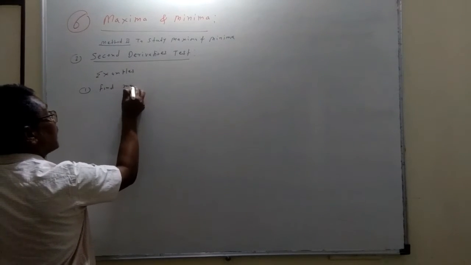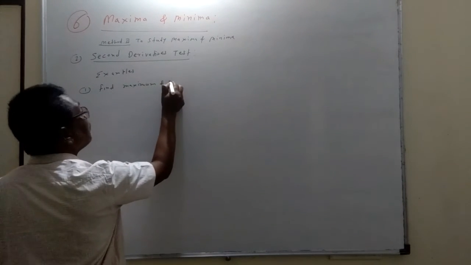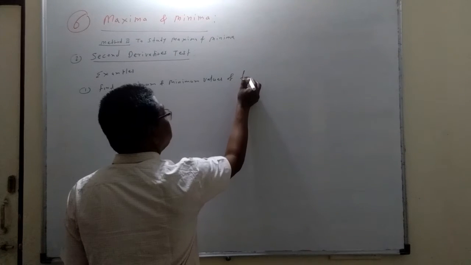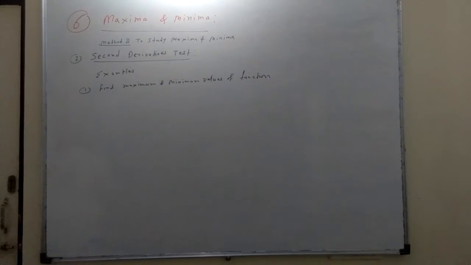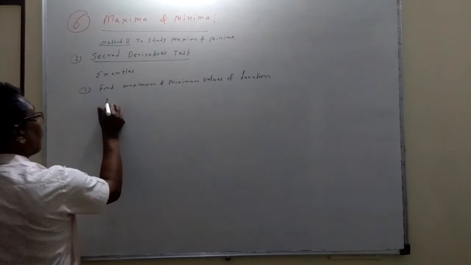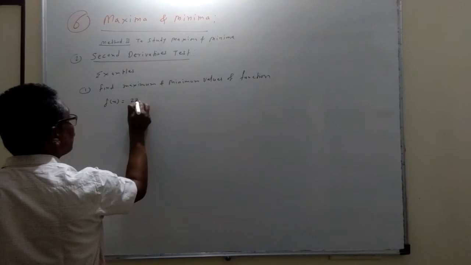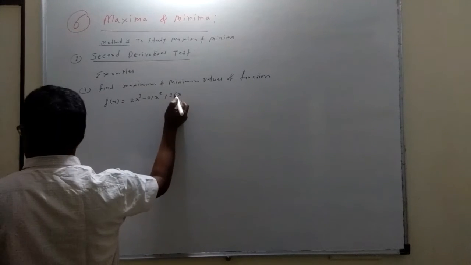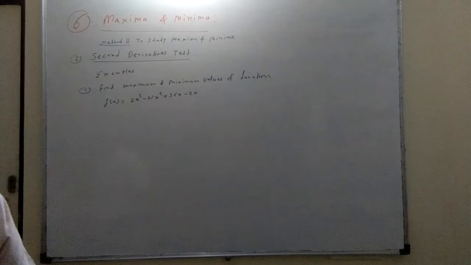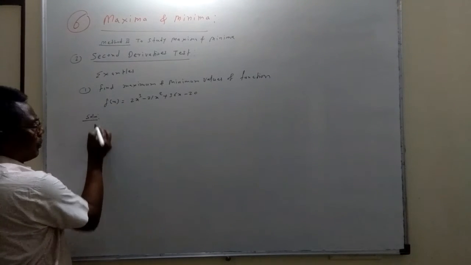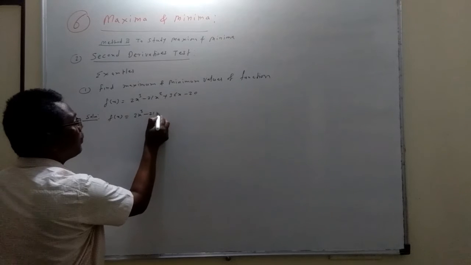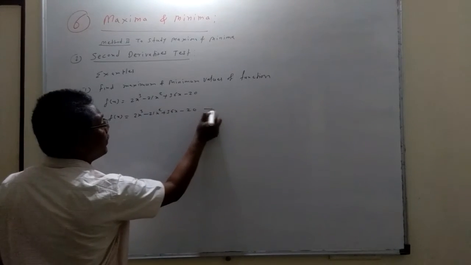Find the maximum and minimum values of the function f of x equal to 2x cube minus 21x square plus 36x minus 20. Solution. So f of x, the given function, is 2x cube minus 21x square plus 36x minus 20.